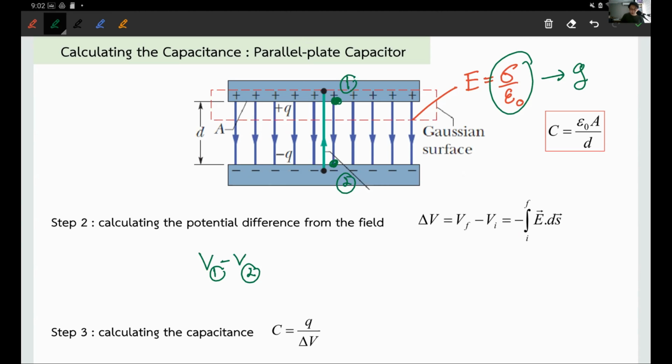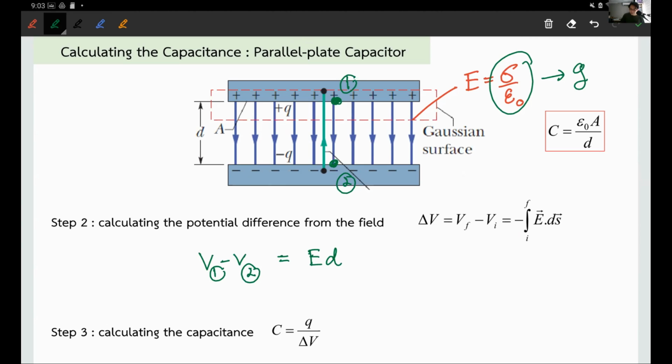So the potential difference between point 1 and point 2 is just E times D. We got this from maybe 2 weeks ago.